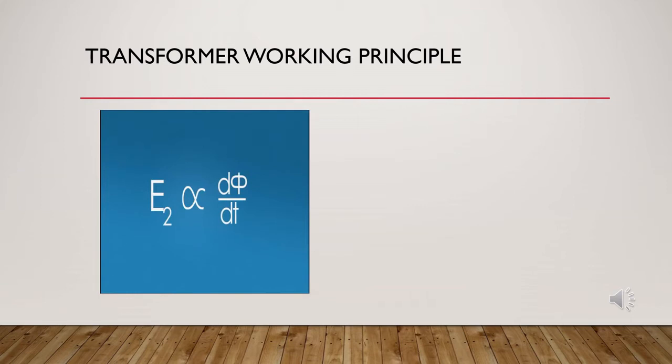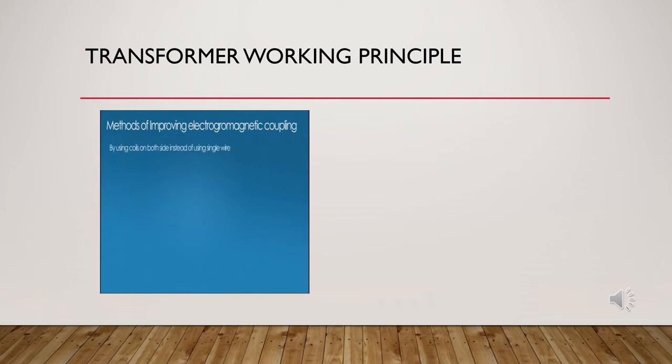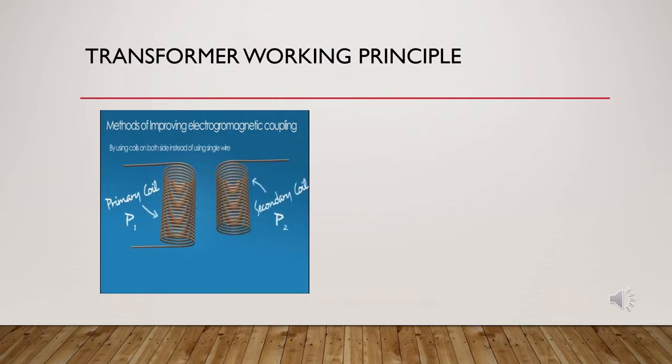The magnitude of EMF induced is given by E2 is directly proportional to d phi by dt. This electromagnetic coupling between the two conductors can be improved by two methods.